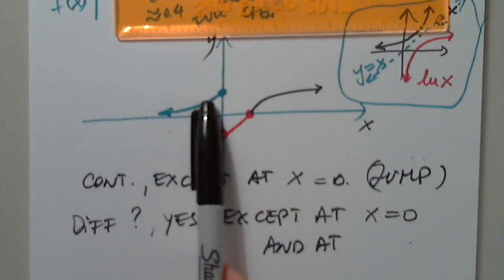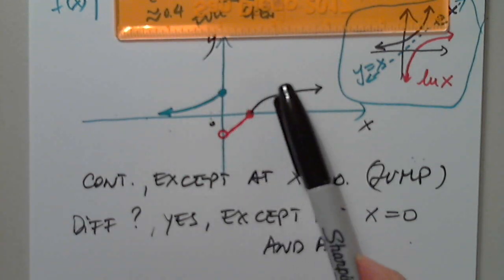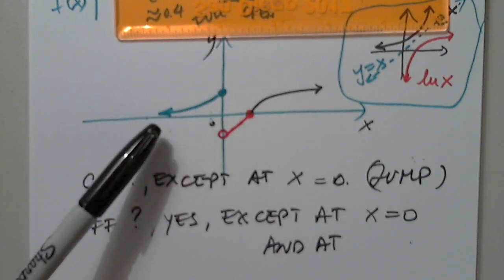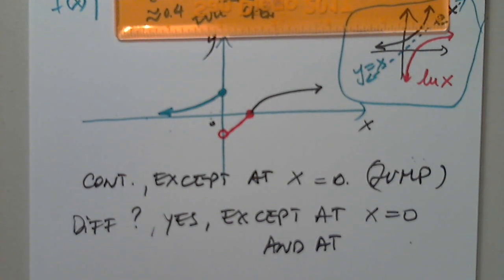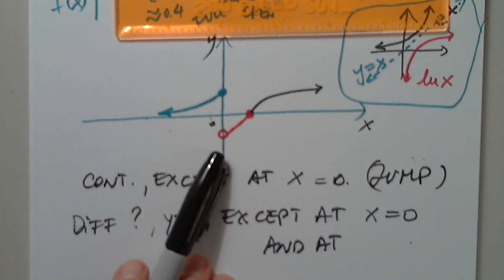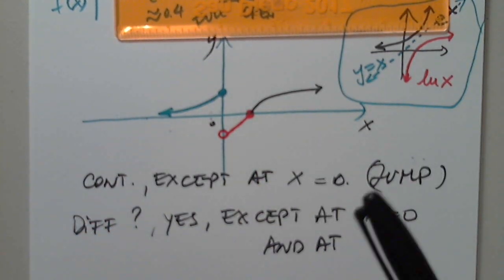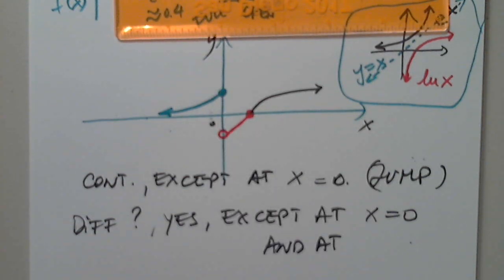The function is continuous from the left because the limit from the left and the function value are the same. So continuous from the left at 0, but not continuous in general, because it has a jump discontinuity at x equals 0.